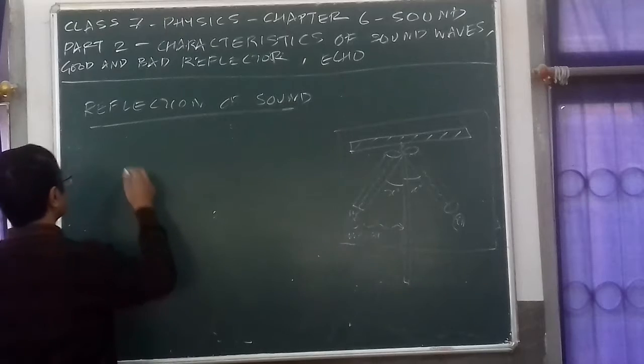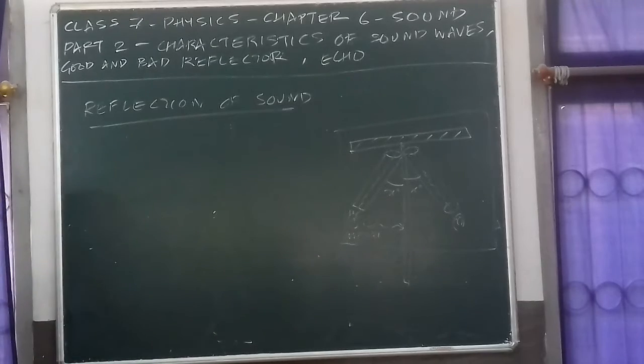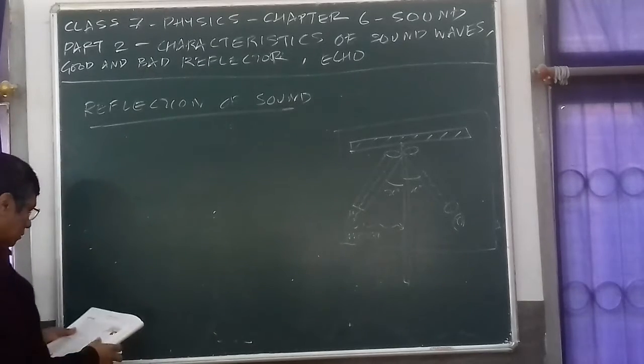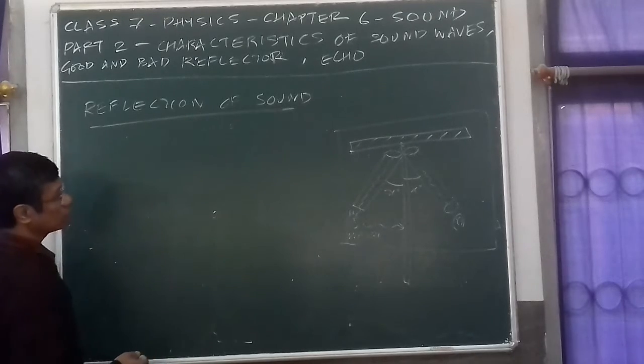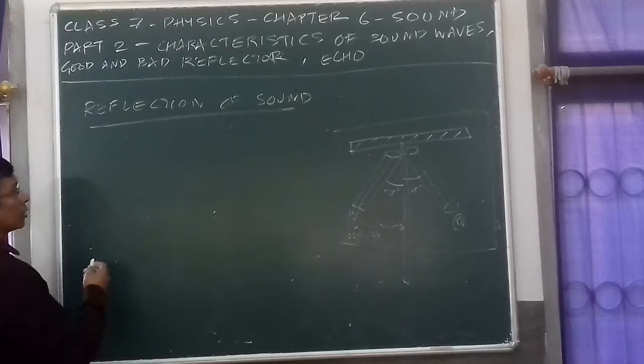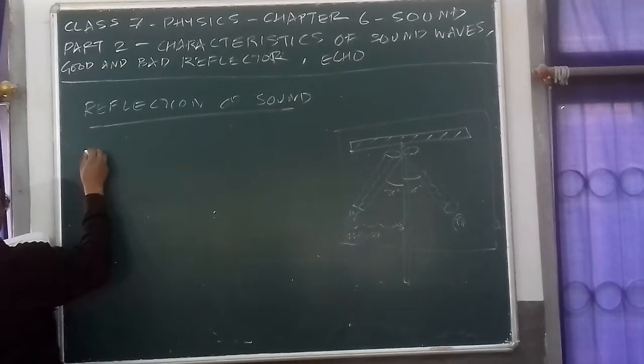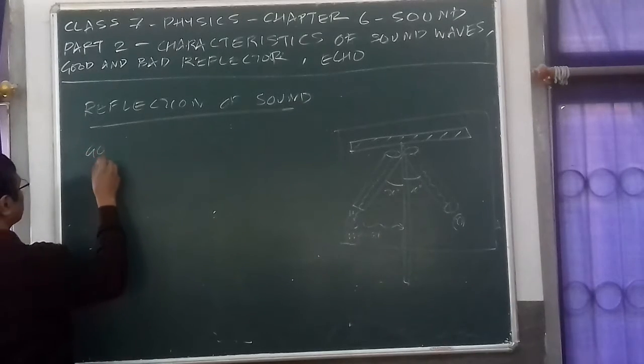Different materials available to us reflect sound differently. Some of them are able to absorb the sound. So we have two types of materials in terms of sound reflection.